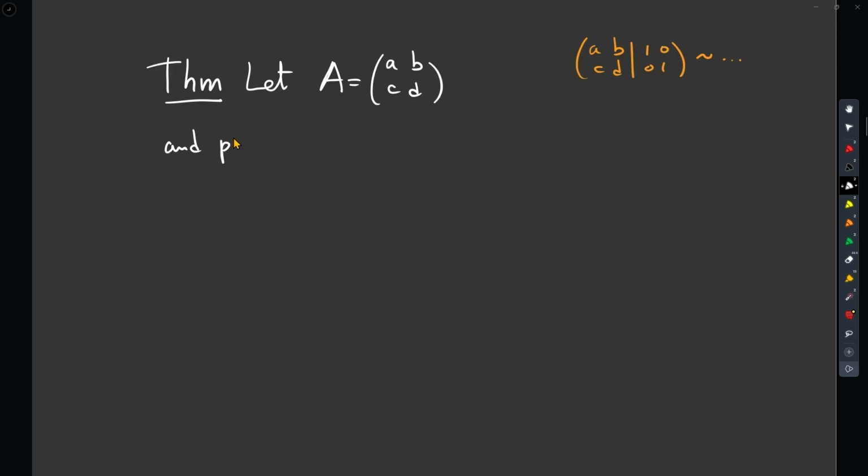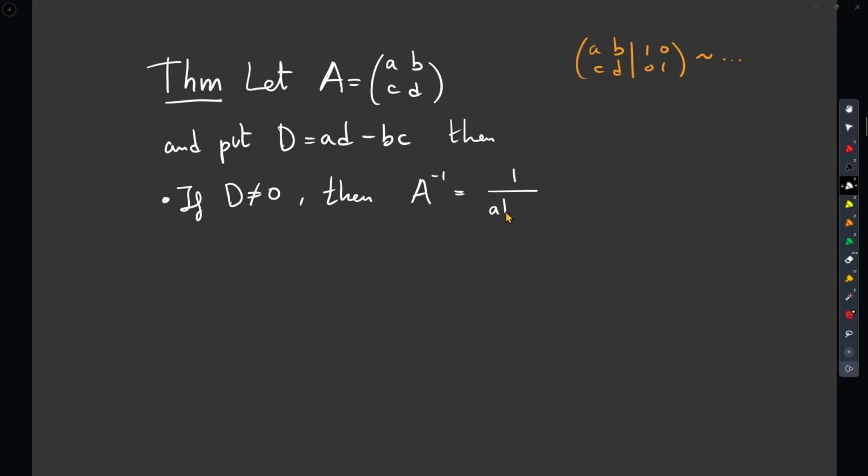Put capital D to be AD minus BC. If D is non-zero, then in the row reduction, what I get is that the inverse matrix is given by 1 over AD minus BC, which is that capital D, times the matrix D, minus B, minus C, A.